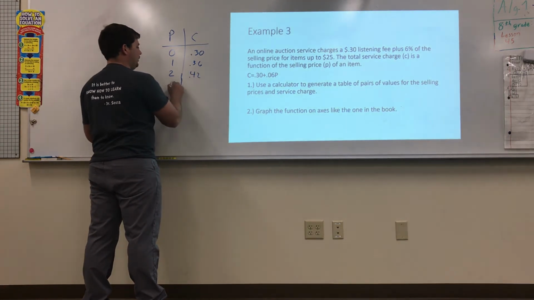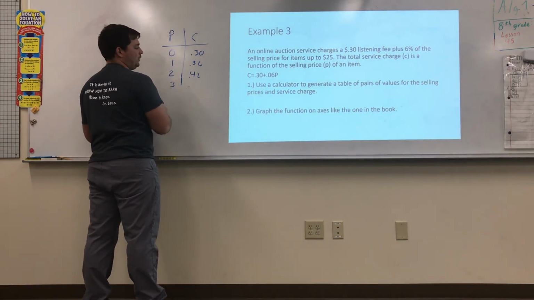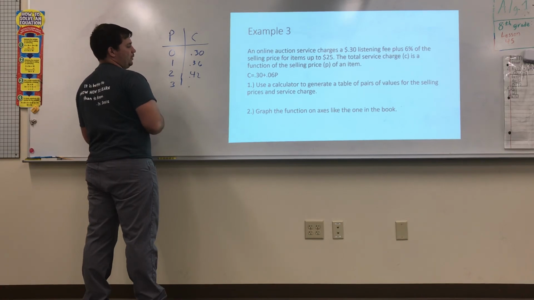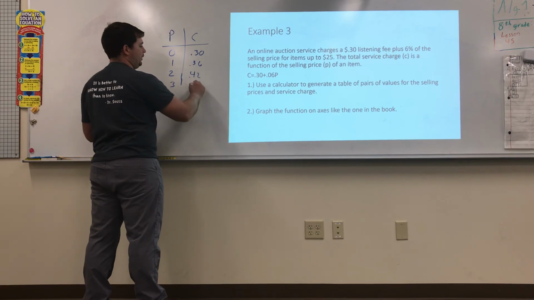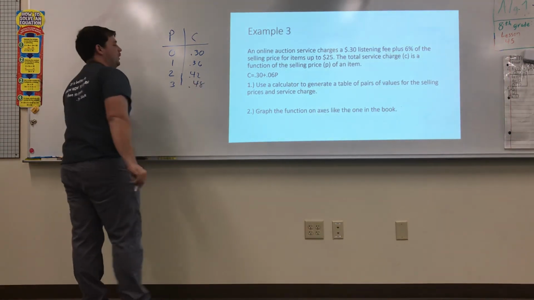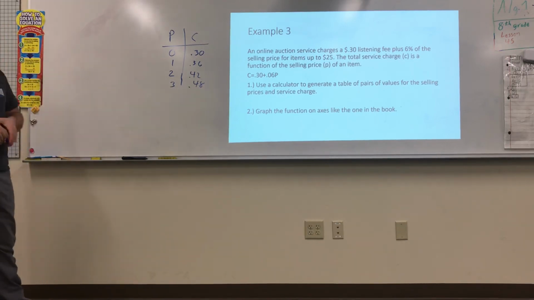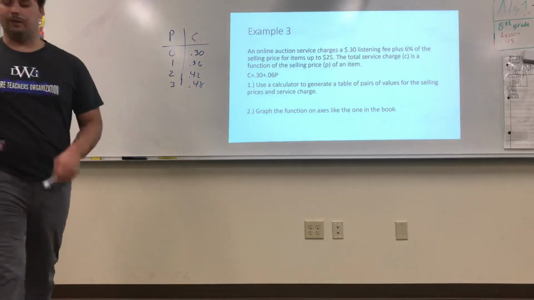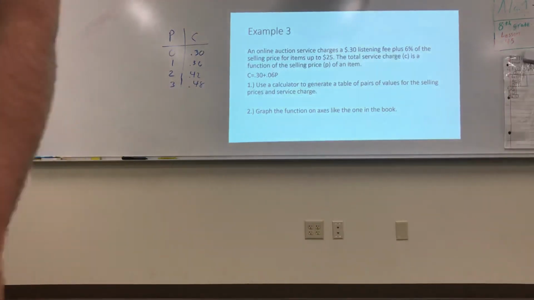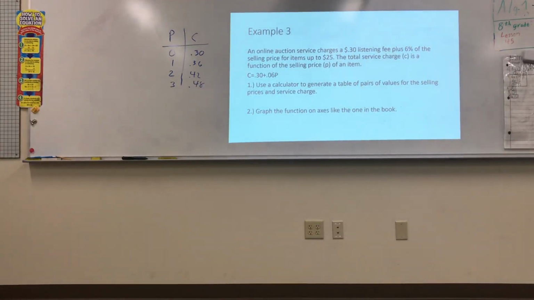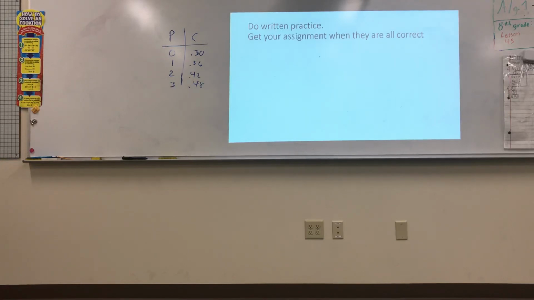If I plug in 3, I'm going to get 48 cents. And so on. And you can keep going. And then you would graph that one. Do your practice set. There's your homework.